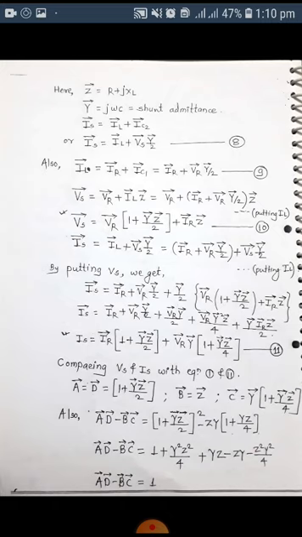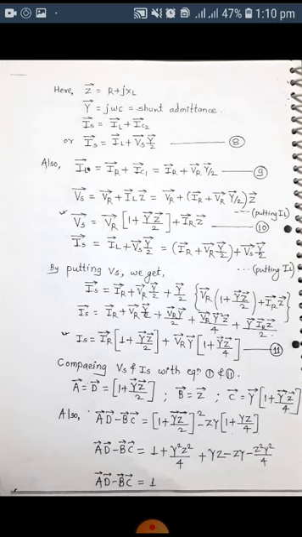We will take Vr common from both the terms: Vr into the bracket 1 plus YZ divided by 2, plus IR into Z. That is equation number 10, which represents the sending end voltage.